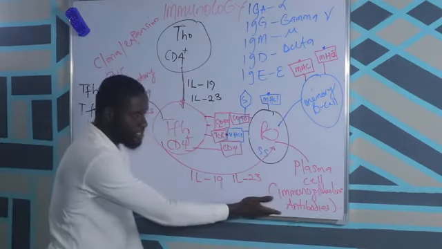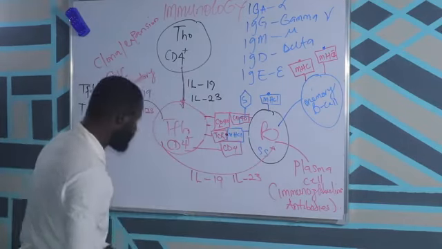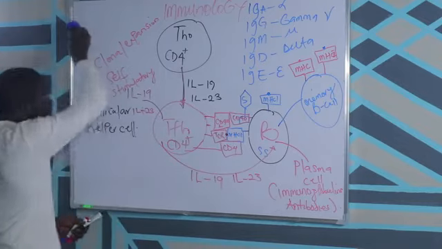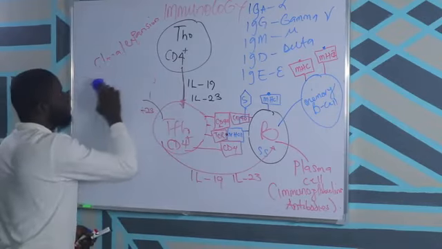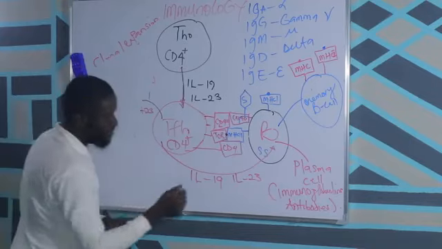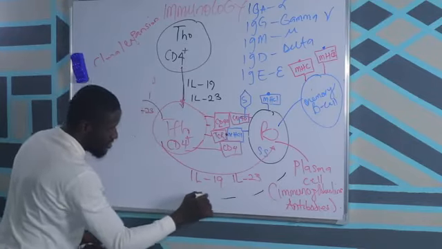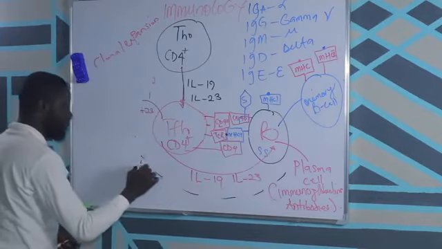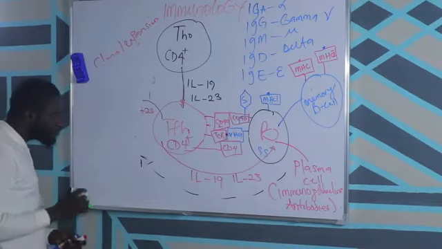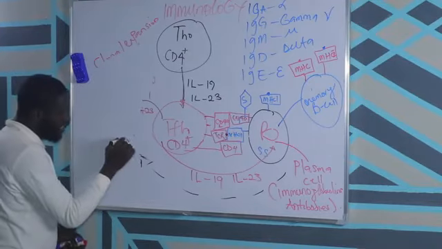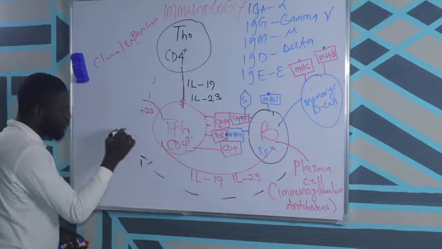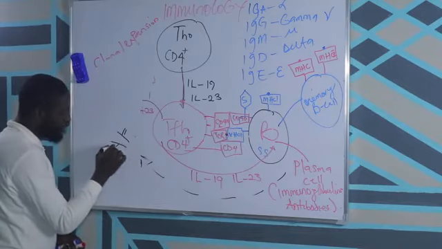So what does this antibody do? What does the plasma cell do? I'm going to draw my antibodies this way. So these are plasma cells.